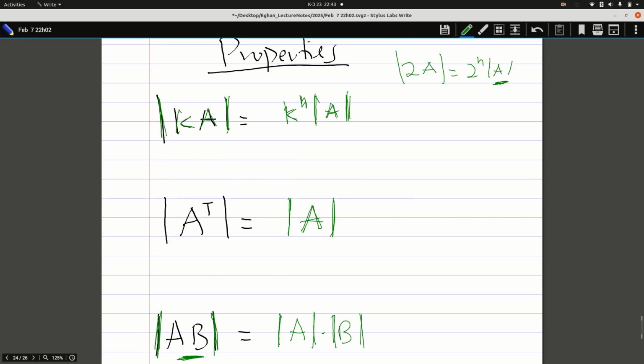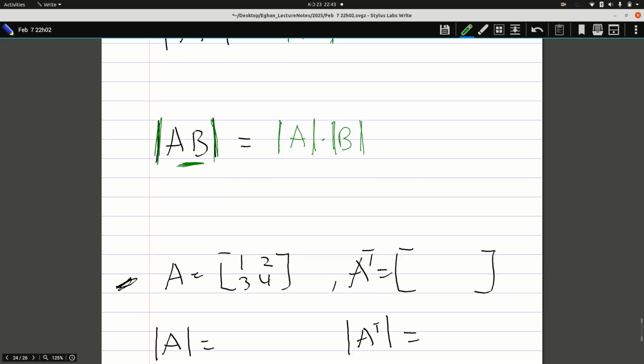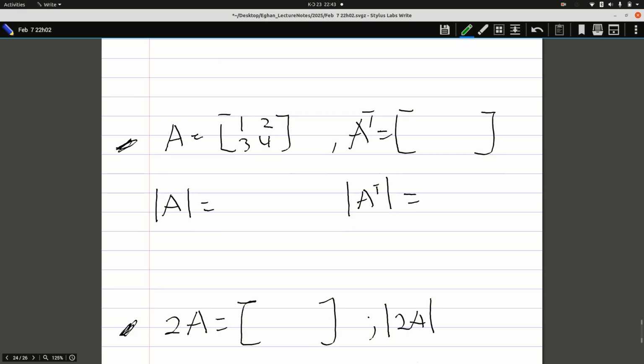So let's take a quick example here. I have A to be that. If I want to find the determinant of A, it's 2 by 2. So I'm going to get 4 minus 6, and that gives me negative 2. What is A transpose? In A transpose, a row becomes a column. So I get 1, 2, a row becomes a column, 3, and then 4.